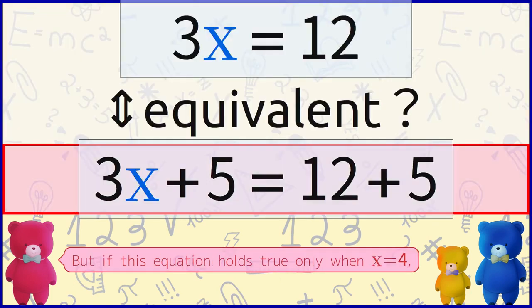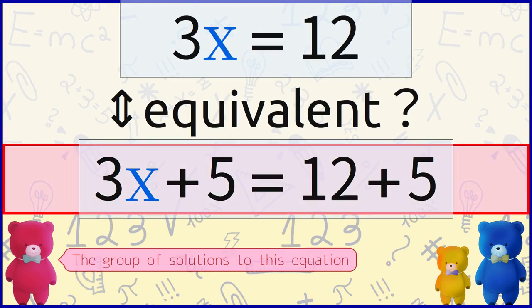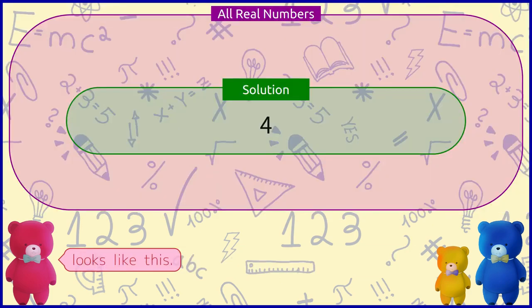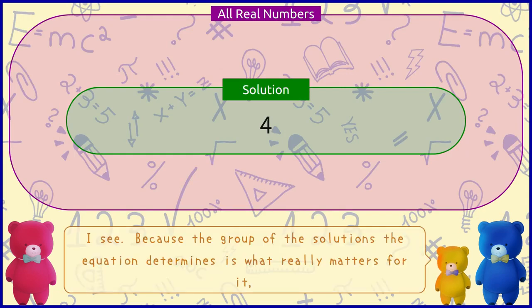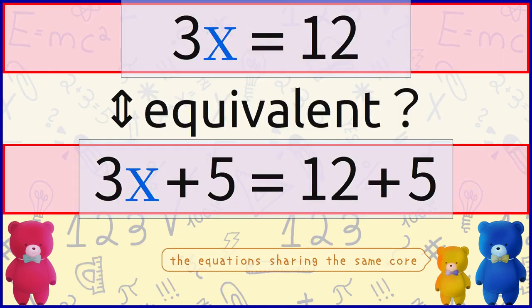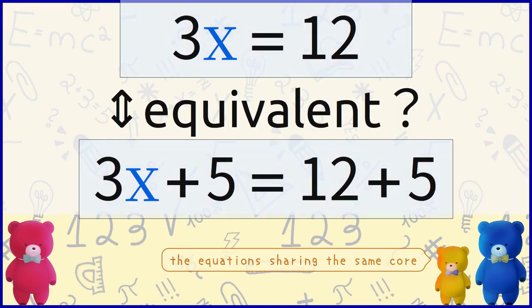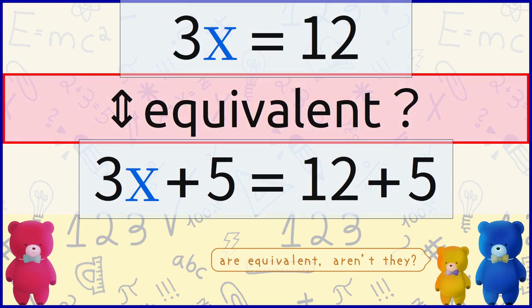But if this equation holds true only when x equals 4, the group of solutions to this equation looks like this. So the group of solutions, a key property of equations, is different. I see. Because the group of solutions the equation determines is what really matters for it. The equations sharing the same core are equivalent, aren't they?